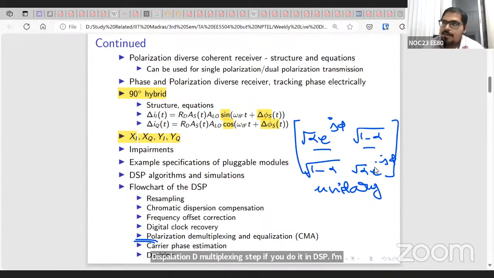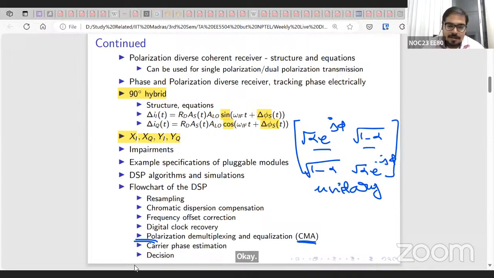And in class we showed, without much discussion, how the demultiplexing can be done using this constant modulus algorithm. Both this phase estimation and polarization demultiplexing are happening using adaptive filters, where the filter coefficients are changed so that some error function is minimized.